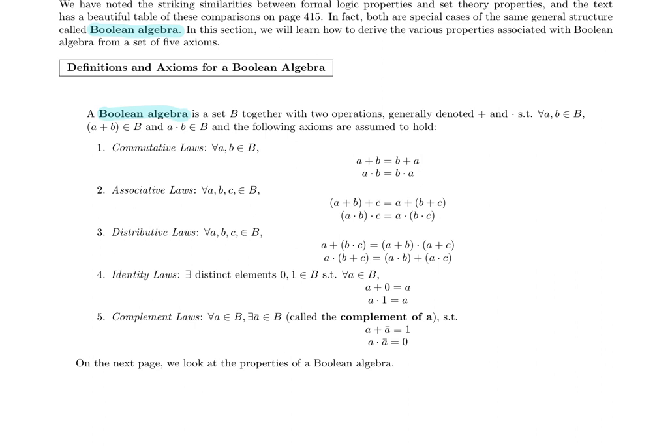Our complement laws say for all elements A in our Boolean algebra, there exists some element A with a bar over top, which we call the complement of A. Notice it's with an E, not an I. We're not trying to say nice things here. We're trying to find the opposite side. So call the complement of A such that A plus A complement is 1.